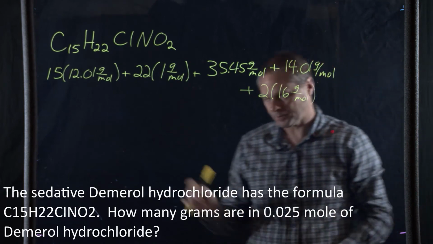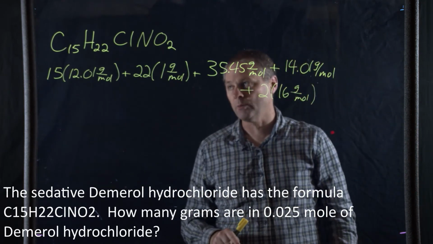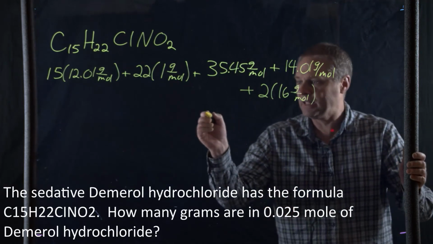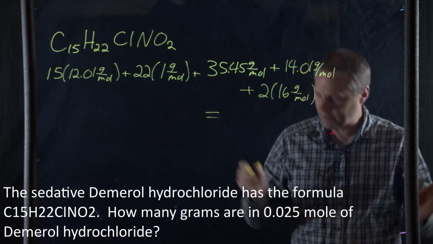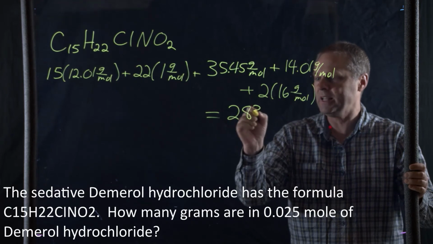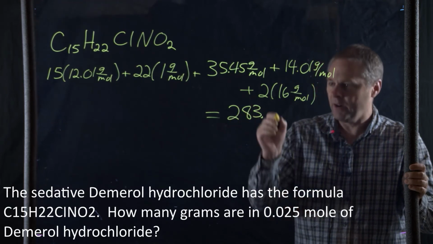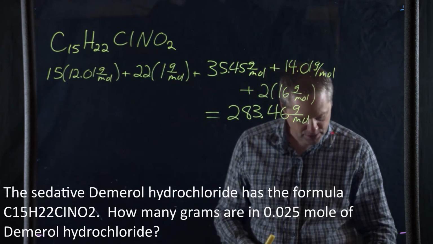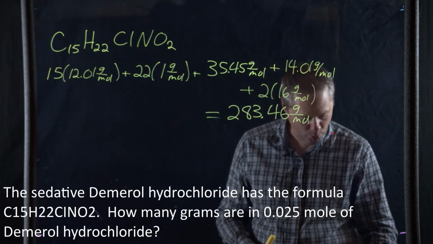All right. So this is how you would calculate the molar mass of demerol hydrochloride, and that is going to equal, I did that right, so it's 283.4.